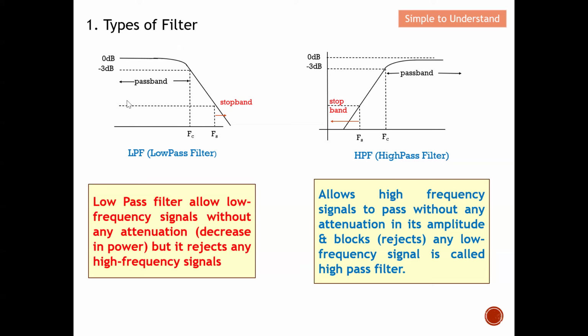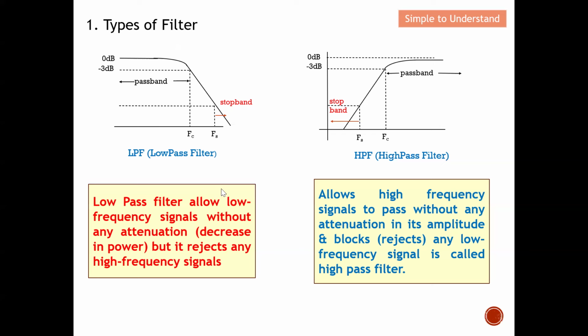The low frequencies fall under this pass band, which means that all the low frequencies will be able to pass. Higher frequencies, which means those above the cutoff frequency, fall into the stop band. Here, you can see that all the high frequencies will be stopped. So you can conclude that low frequencies can pass and high frequencies will be stopped. Hence, we call this a low pass filter.